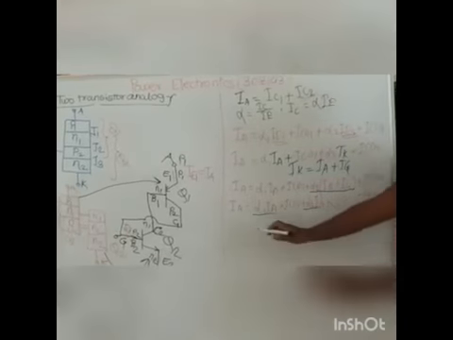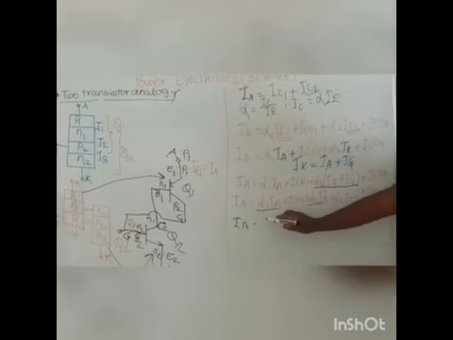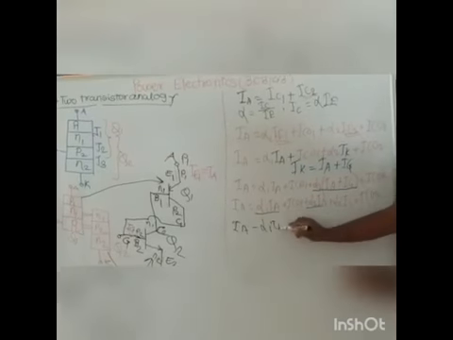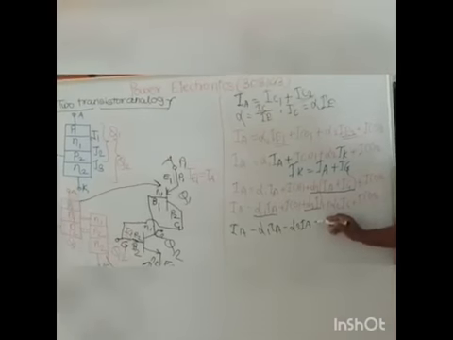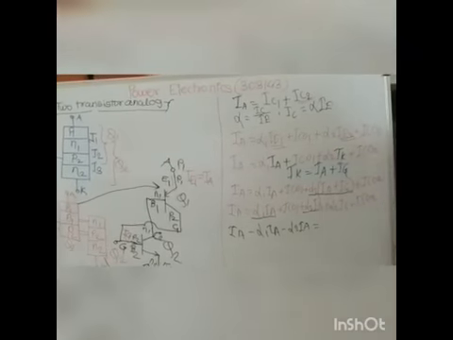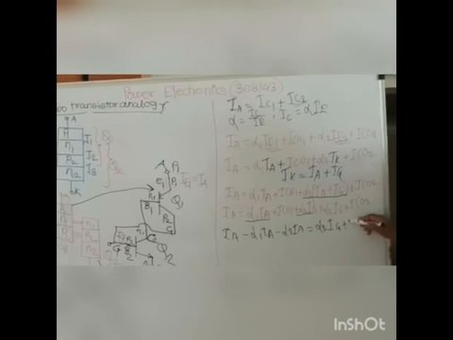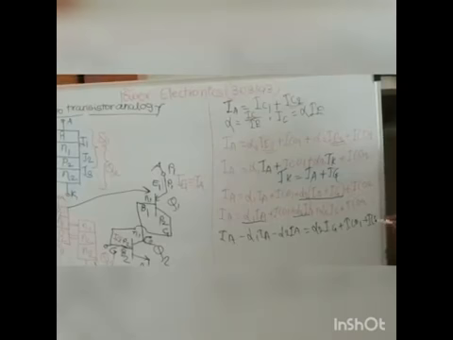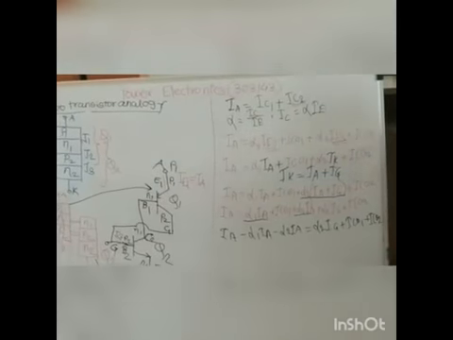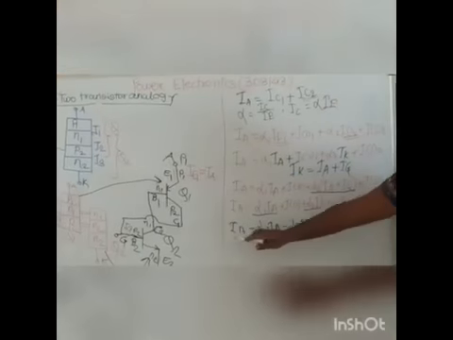You will get the equation IA minus alpha 1 IA minus alpha 2 IA is equal to the remaining terms, which are alpha 2 IG plus ICO1 plus ICO2.